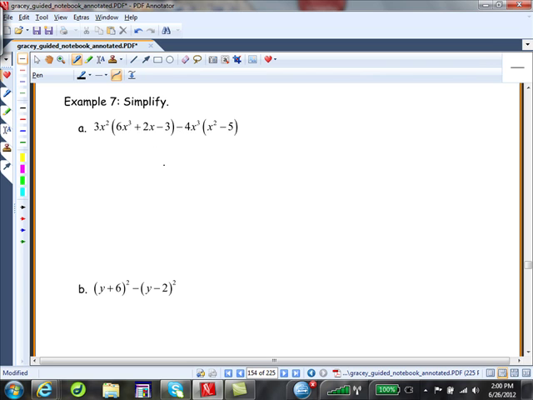So these multiplications have to go first, and then we will combine like terms. So here we go. This will be equal to 3x squared times 6x cubed plus 3x squared times 2x minus 3x squared times 3.